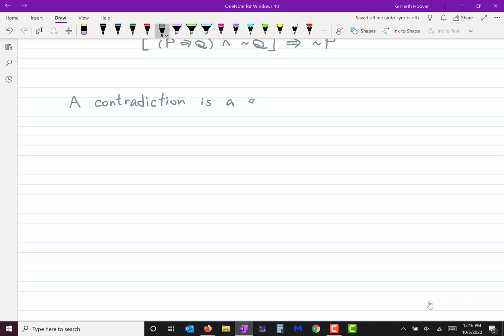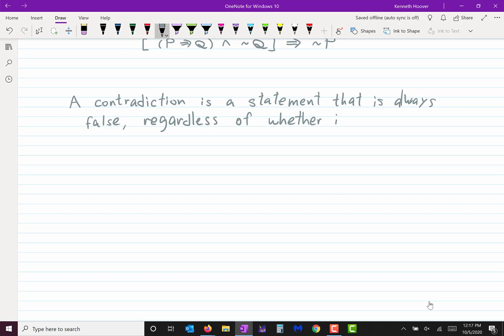And that's a statement that's always false. Okay, so what would be an example of a contradiction?